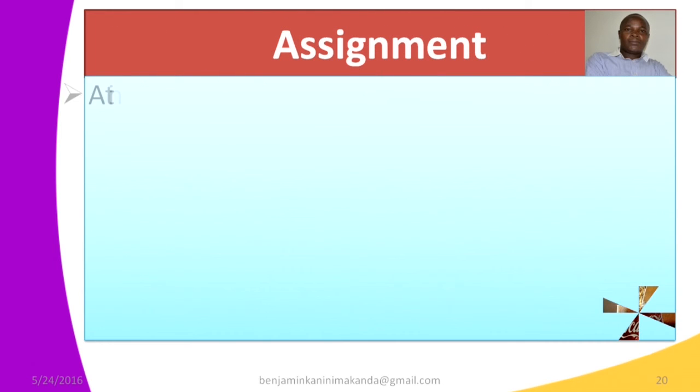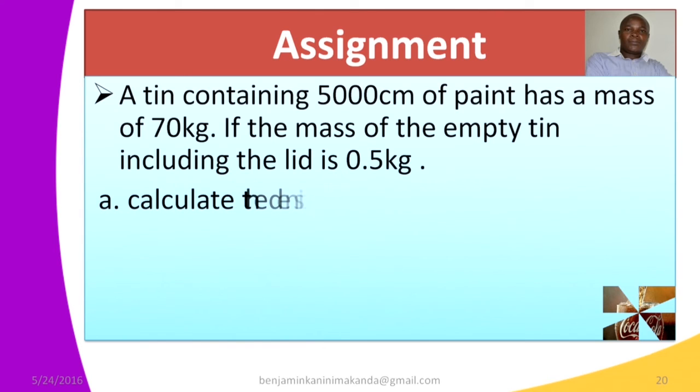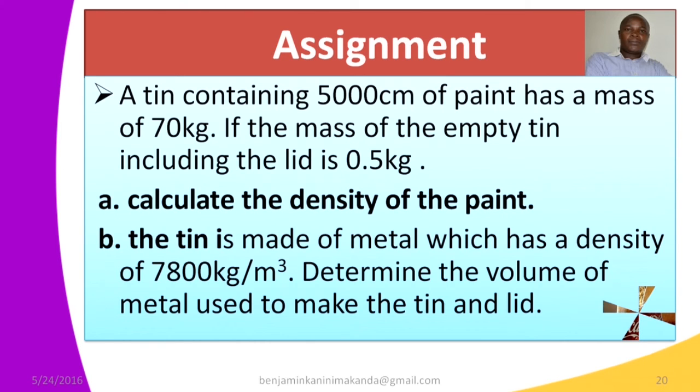So your assignment here: a tin containing 5,000 centimeters cubed of paint has a mass of 70 kilograms. If the mass of the empty tin, including the lid, is 0.5 kilograms, calculate the density of the paint, that's A. Then B, the tin is made of a metal which has a density of 7,800 kilograms per meters cubed.